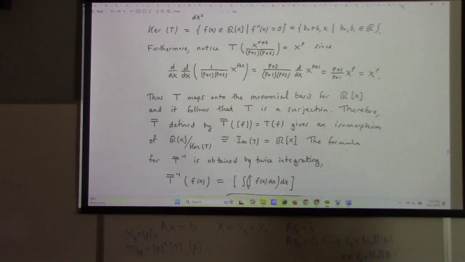So that means it's an isomorphism, which, among other things, means that it has an inverse. And then the formula for the inverse is just twice integrating is all it is.